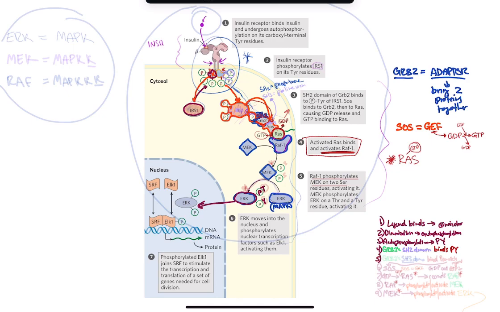Again, GRB1's SH3 domains bind what? Proline-rich regions. Okay. After it's bound to the proline-rich regions, where are those?